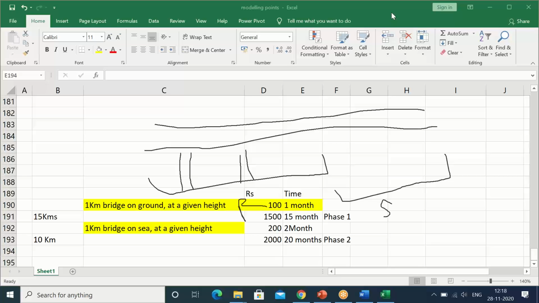Any doubt in these numbers or calculation approach?